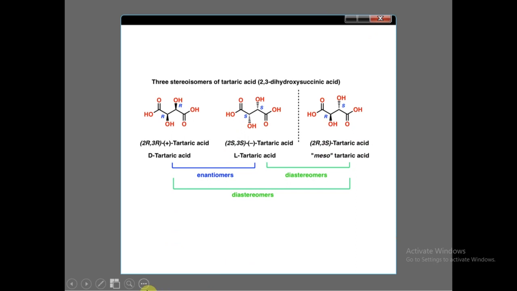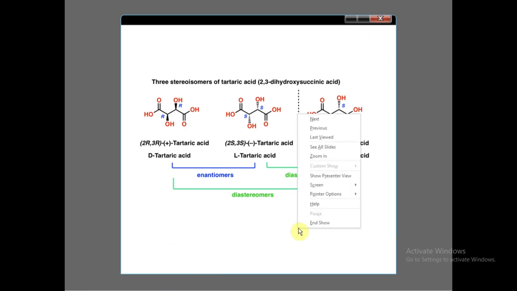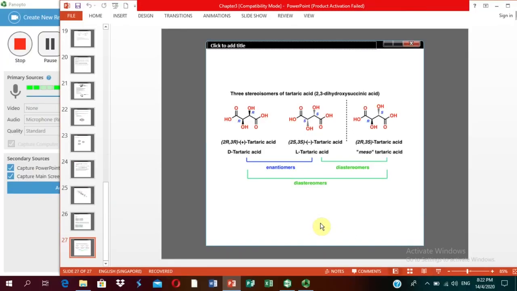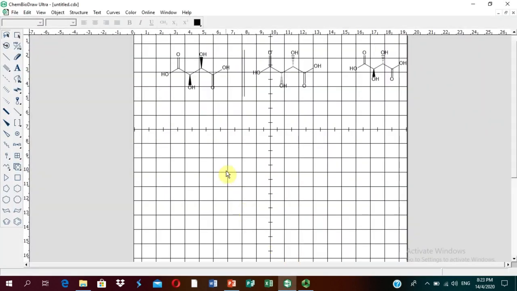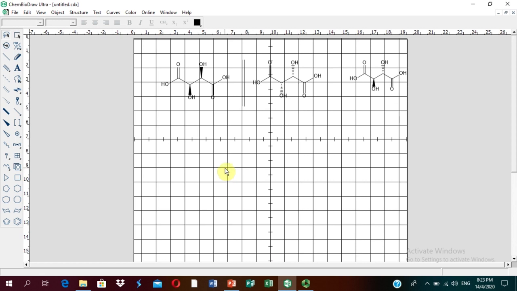I think we can use ChemDraw here, which is much better for you to understand. This is the first structure as mentioned before, this is the second, this is the third.